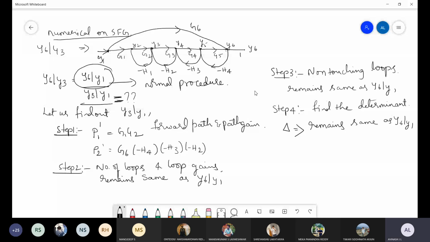So once delta is remaining same, what is the value of delta? See, why am I writing delta? Because I need to derive the delta 1 and delta 2 because of our path. So in the y6 by y1, what is the delta value you got, all of you?